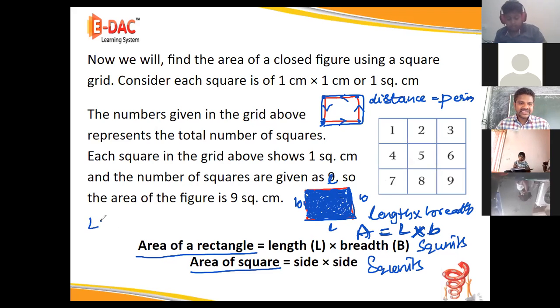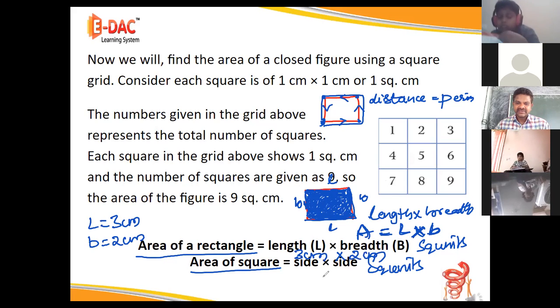See, length is equal to 3 centimeters and breadth is equal to 2 centimeters. What is the area of the rectangle? The formula is length into breadth. So length is 3 centimeters into breadth 2 centimeters. Here I am going to multiply these two numbers. 3 twos are 6.